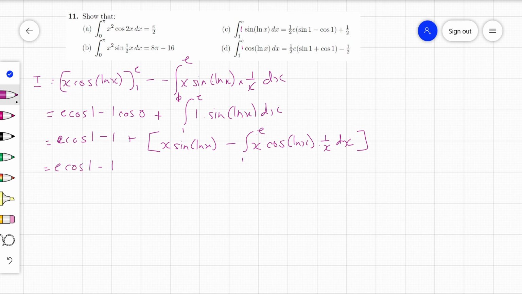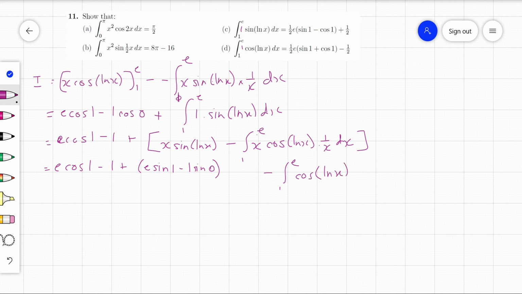All right, when I sub in the e, I get e sine log base e of e is 1, minus, when I sub the 1 in, I get 1 sine 0, and we know that's 0. All right, and then you've got minus this integral from 1 to e of cos log x.